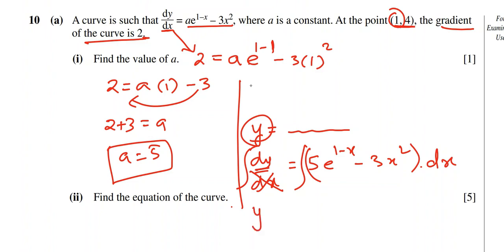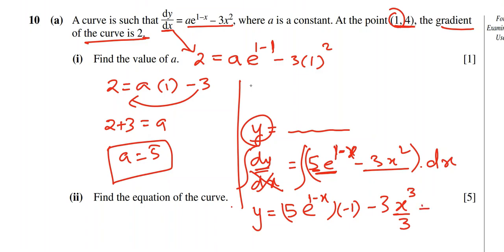So y equals the integration of this. 5 is a constant, untouched. E to the power 1 minus x, but we will multiply this further by the differentiation of the exponent, which is minus 1. Differentiation of 1 minus x is minus 1. Now the integration of minus 3x squared will be minus 3 remains, and x to the power 2 plus 1, 3, divided by 3, and plus c. It is very important to have plus c written here.